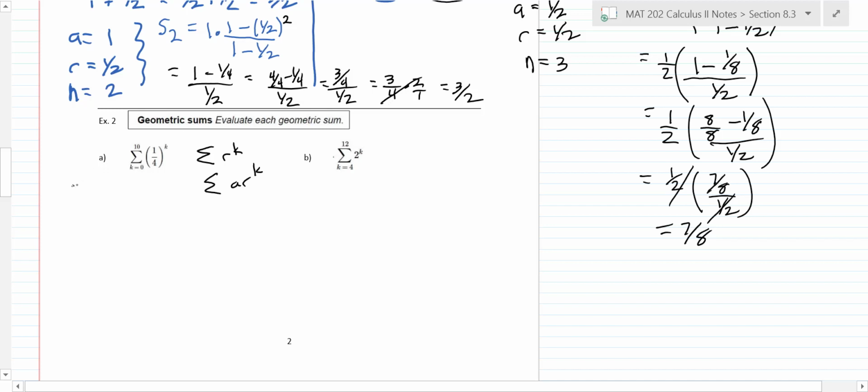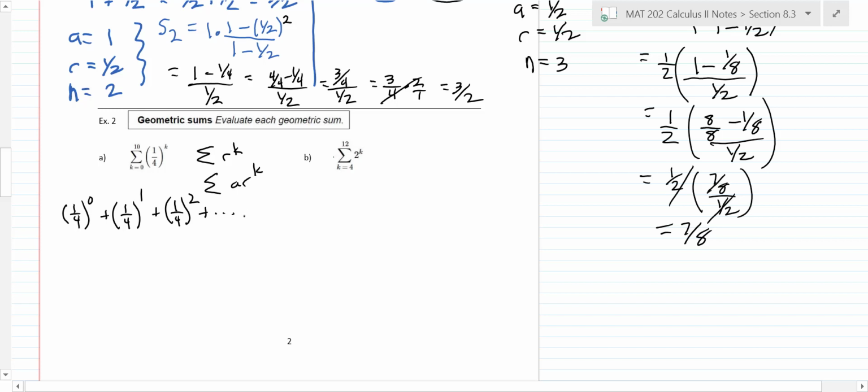Okay, so what you need to do in this problem is let's go ahead and write out a few terms. You don't actually have to write out the terms on this, but just to get you started, let's do that. So if k is 0, you have 1/4 to the 0 as your first term. Your second term is 1/4 to the first, and then 1/4 to the second, and so forth.